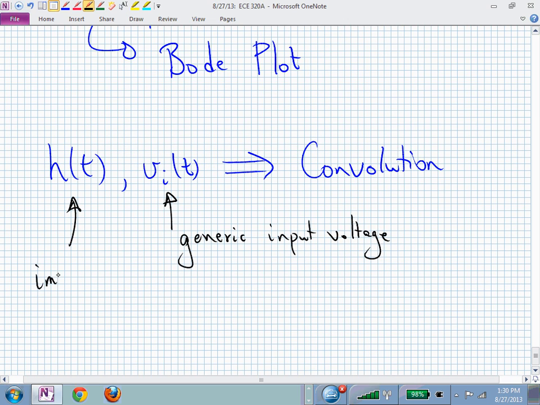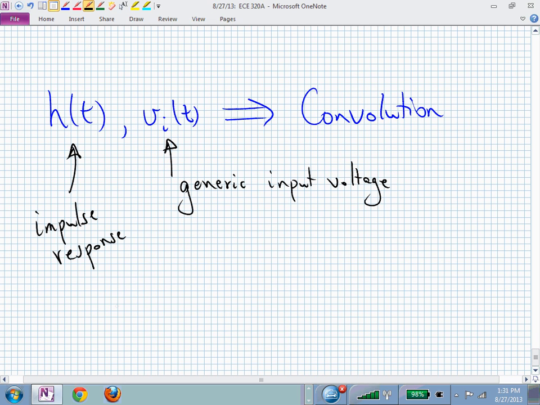This is the impulse response of our system. And convolution will allow us to find v sub O of t, which we will denote as h of t convolved with v sub I of t. That's more than just a multiplication symbol.